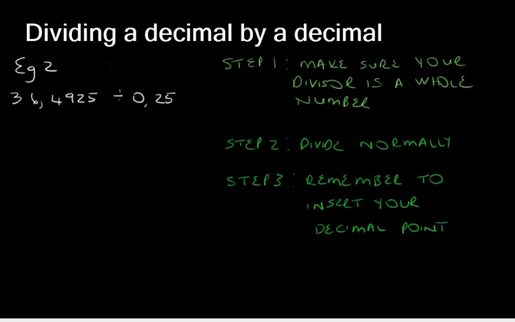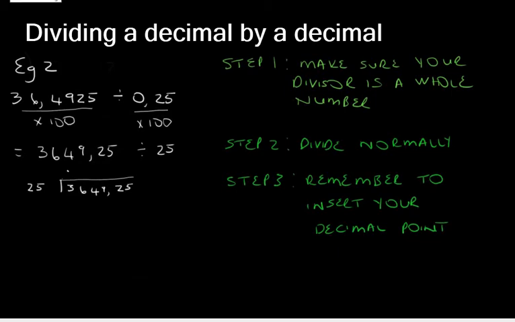We need to make sure that our divisor is a whole number. What does this mean? This is our divisor. We need to make sure that this is a whole number, so we need to multiply by 100. What we do to the divisor, we must also do to the dividend, and so we also need to multiply by 100.